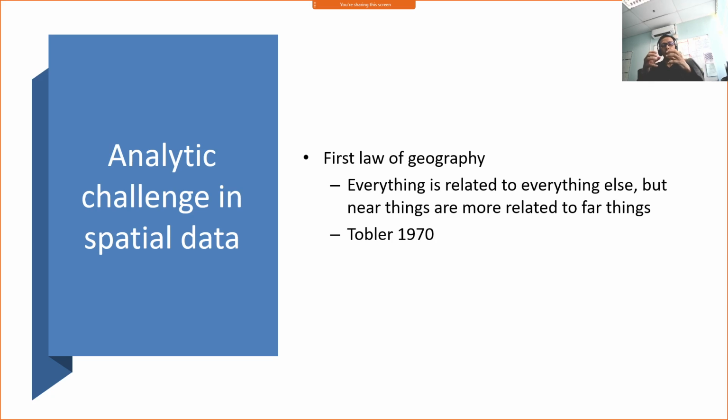It means that things that are closer are actually more related than things that are further away. So if you go to, for example, Desa Rahmat, near Demik, there is always a high number of dengue cases, right?